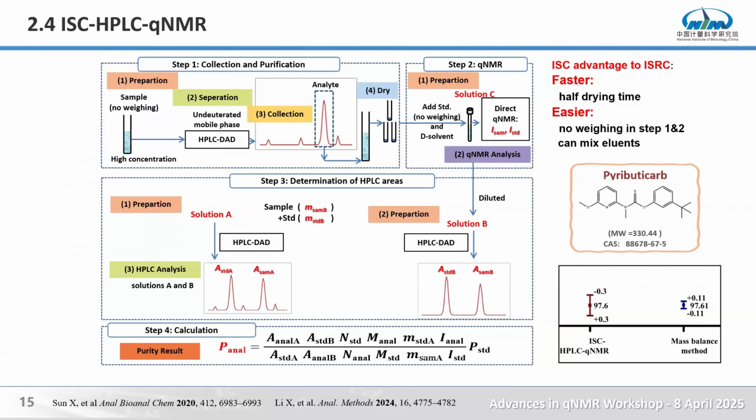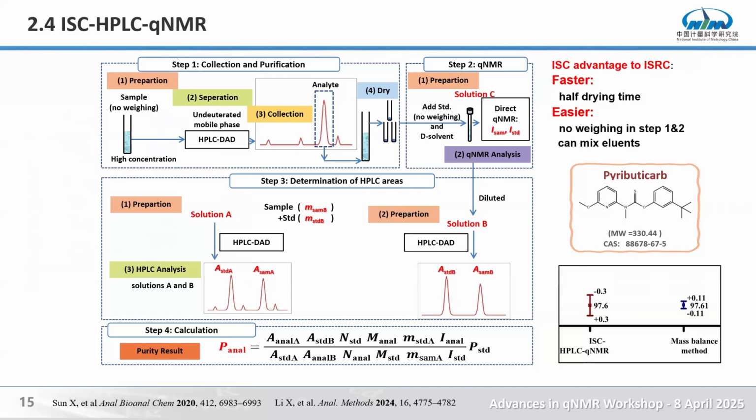As we can see for the ISRC PBeses qNMR method, the analyte and internal standards were collected together. After that, we found that actually there is no need to collect the eluate of the internal standard as a step of purification. Therefore, we proposed the ISC PBeses qNMR method for further time saving and more controllable sample preparation.